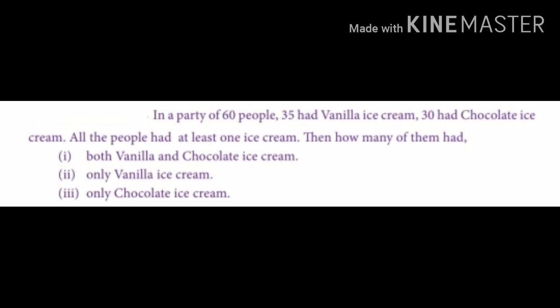The first one is the intersection part. The second one, only vanilla, means you have to find the difference from vanilla to chocolate. And the third one, only chocolate, means you have to find the difference between chocolate and vanilla, like the second question. Clear? You can use the formula type.